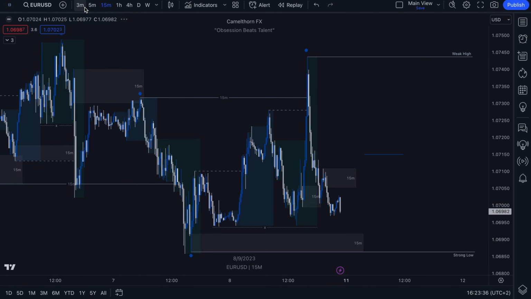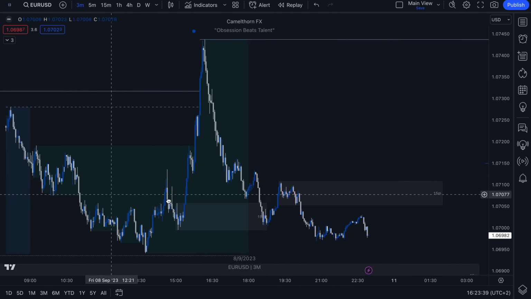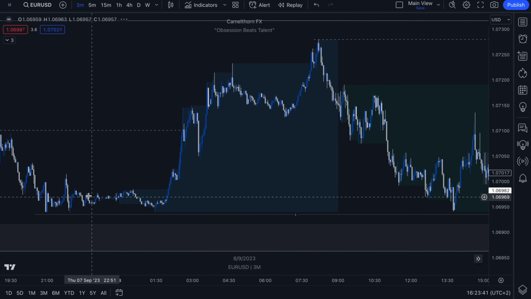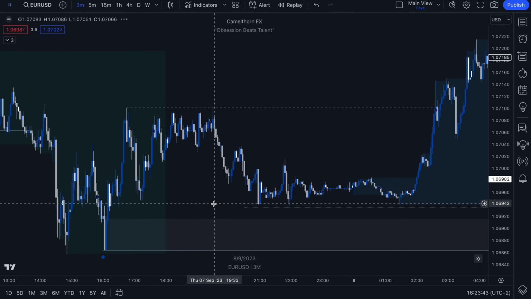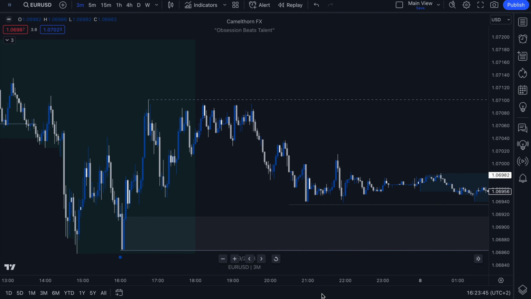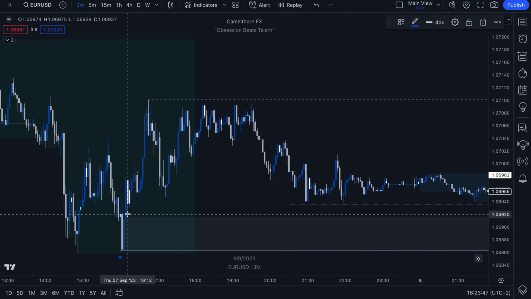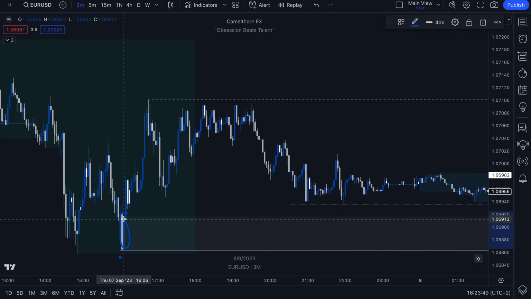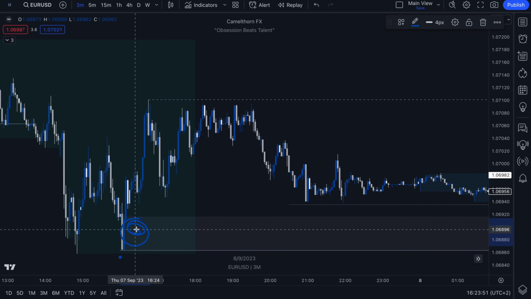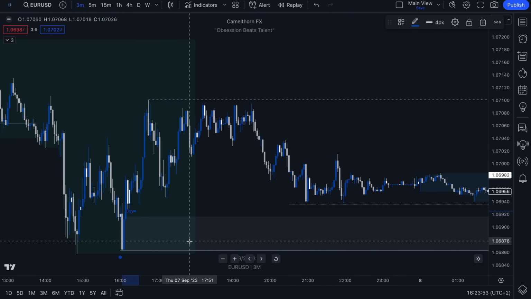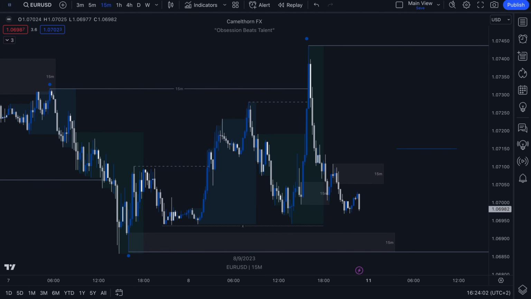But if I take you to the 3-minute time frame quickly, and show you that wick zone from a 3-minute point of view, you'll notice that the wick zone is this candle in here, and just above that zone, you do have a smidge of imbalance. Another example of this can be seen at the top here.